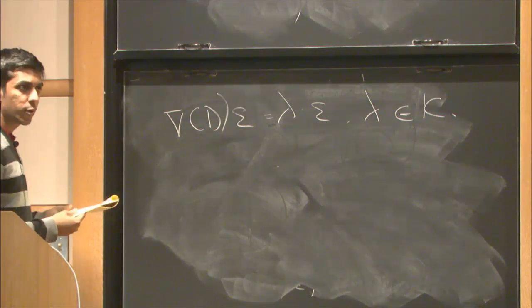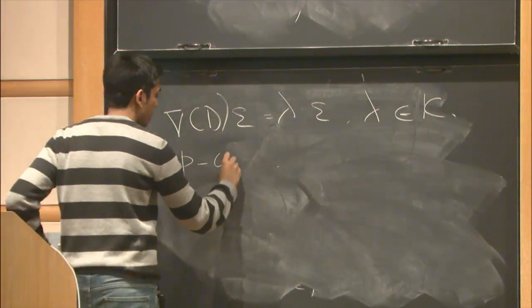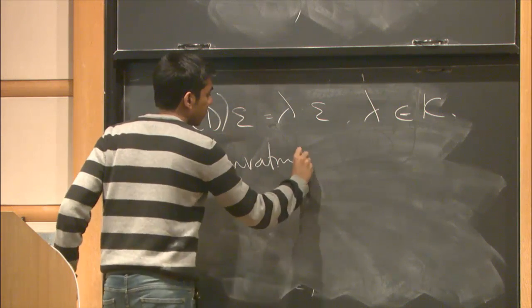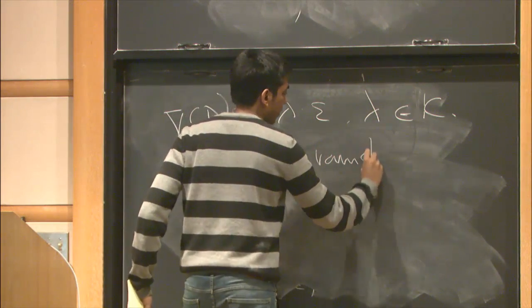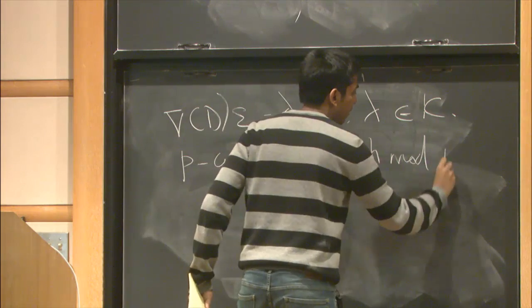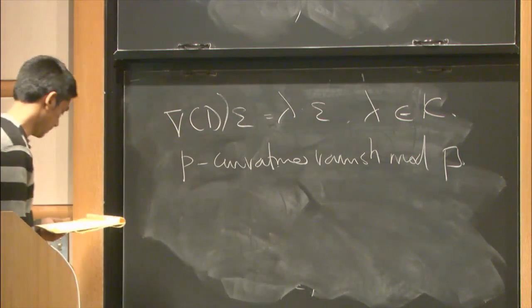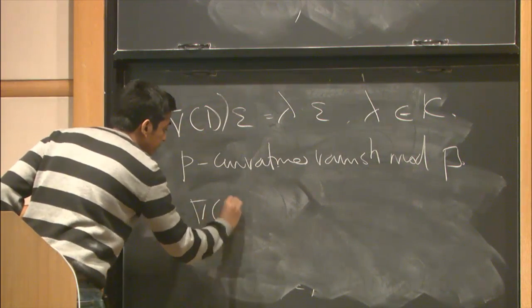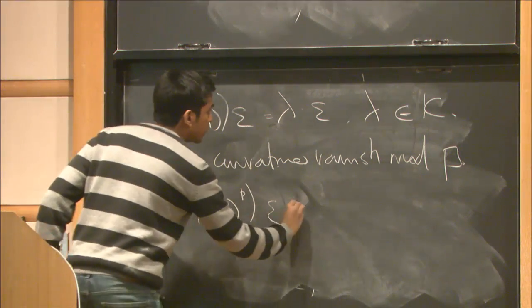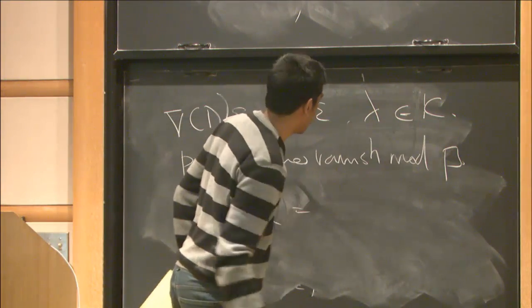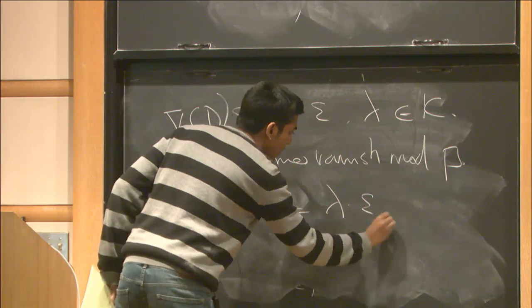And now here's how you use the fact that the p-curvatures vanish. Let's say mod a prime p. Nabla of D to the p of epsilon is going to equal nabla of D of epsilon, which is lambda times epsilon.